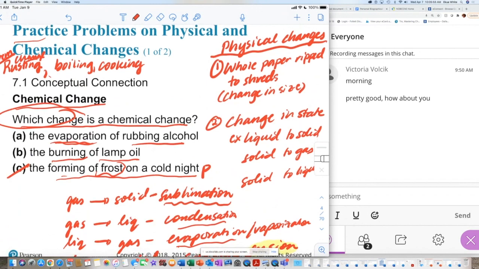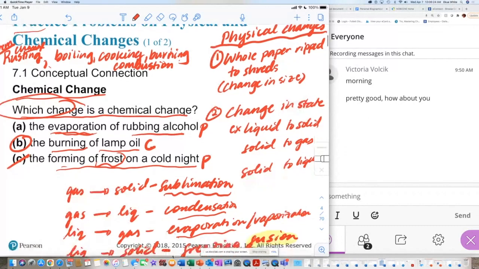Rusting, boiling, cooking. Okay? So based on that, if you're boiling and cooking, you're also burning, right? Burning. And they can use the term combustion also. Combustion is another term by the thermodynamic people that is talking about burning. Okay, so once again, just be familiar with these terms. And so if we have burning here, this would be the chemical change. Physical, chemical, physical.